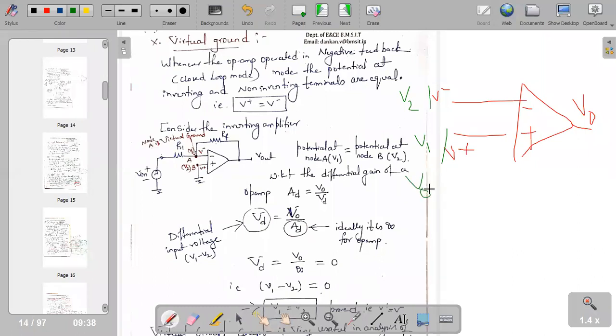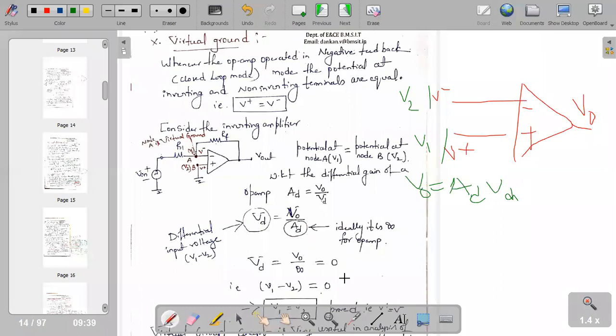So we know the op-amp is a differential amplifier. I can write it as AD into V1 minus V2, or we can just write it as AD into VD. What is VD here?